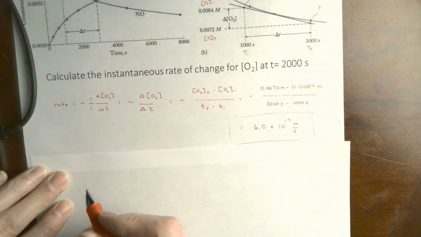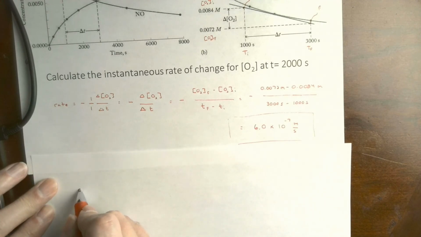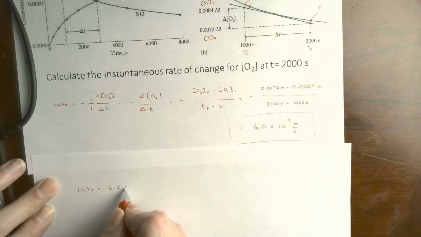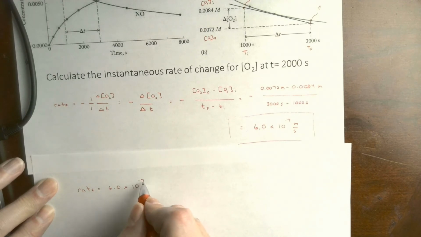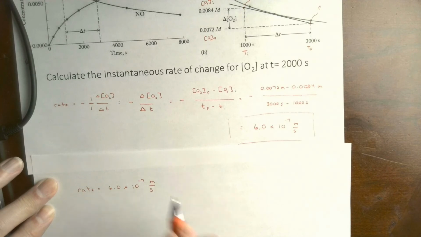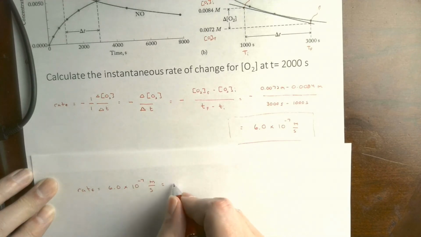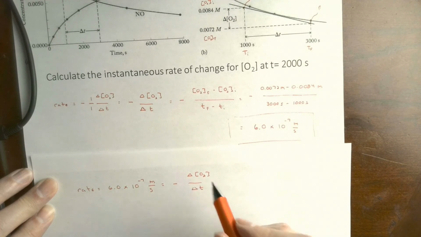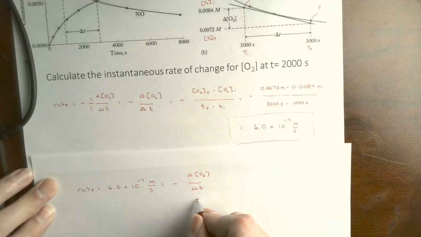All right, so we know that the rate is equal to 6.0 times 10 to the minus 7th molar per second. And we know that's equal to minus change in the concentration of oxygen over change in time, with this being our instantaneous rate of change.